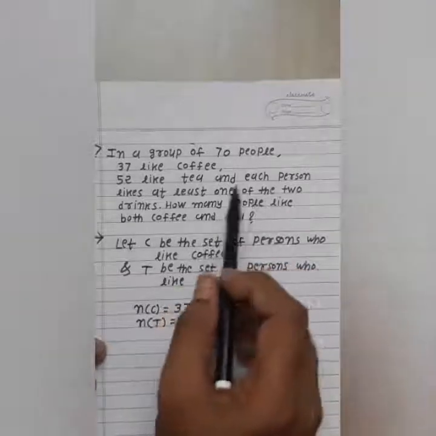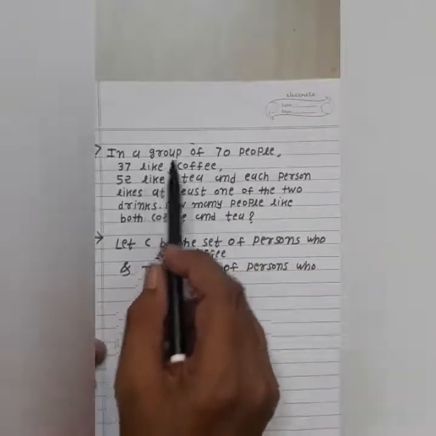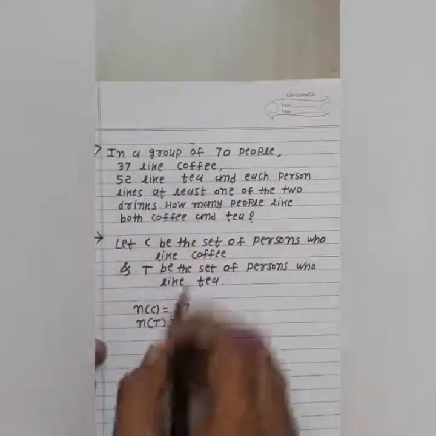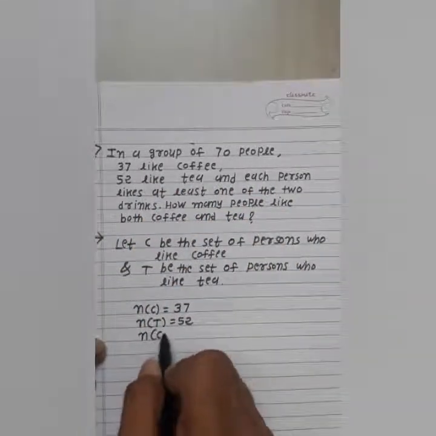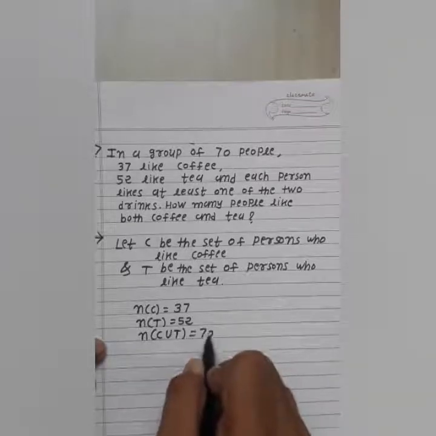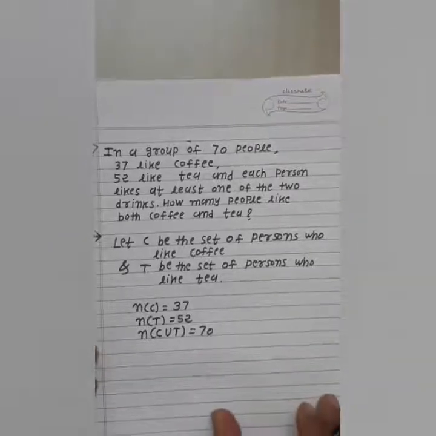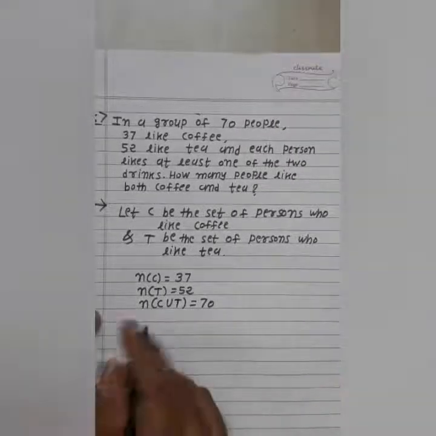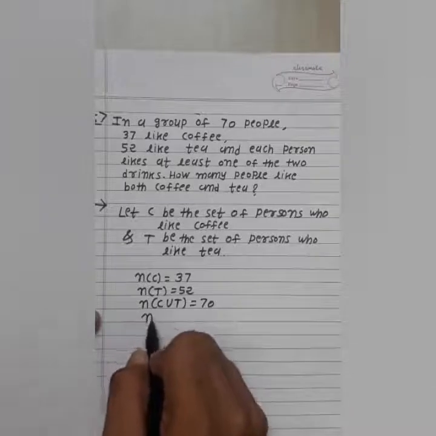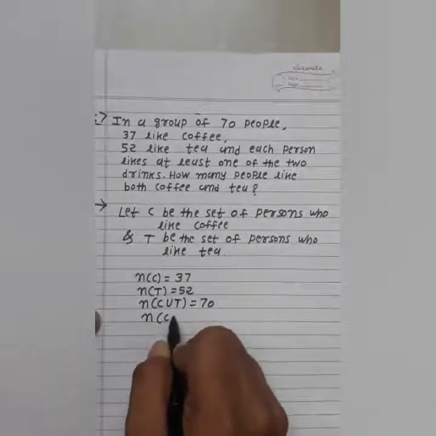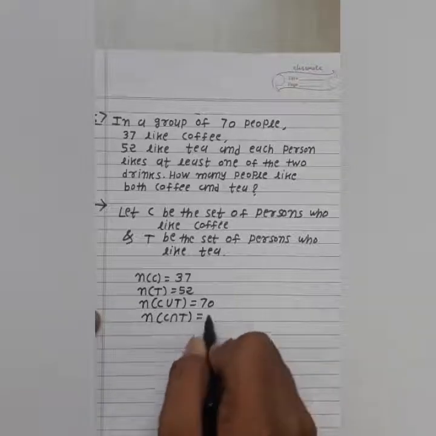And 70 people like coffee or tea, so n of C union T is equal to 70. Now our question is to find how many people like both coffee and tea, that means n of C intersection T.